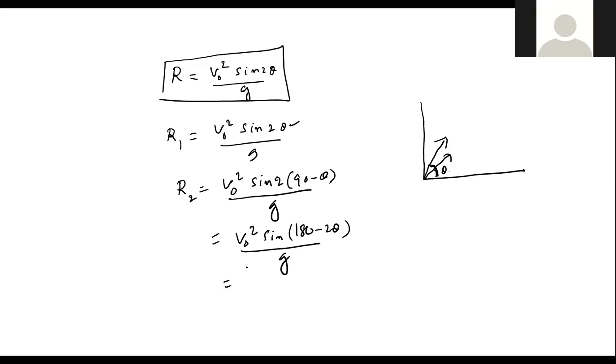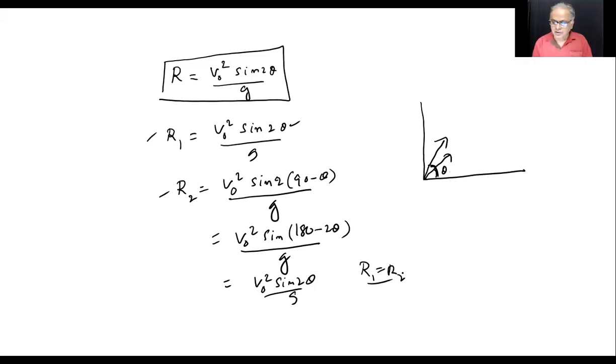Sine 180 minus x is what? Sine x, or sine 2 theta. So R1 equals R2. But the heights will be different, children. Do you follow? Hello? Yes, sir. Heights will be different. After looking at the heights ratio, I can show the path. Only that they'll go to different heights, but fall at the same point here. That's what you mean by saying ranges are the same. Do you follow? Hello? Yes, sir.